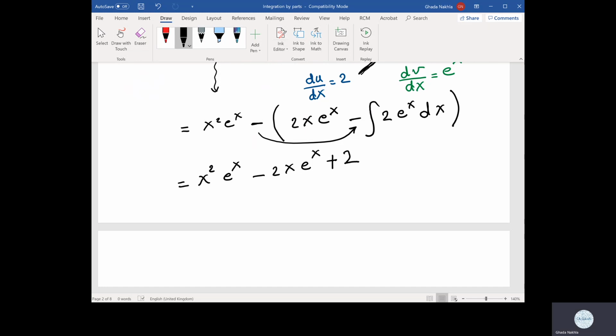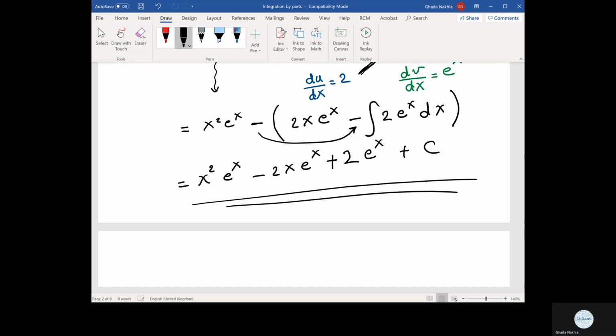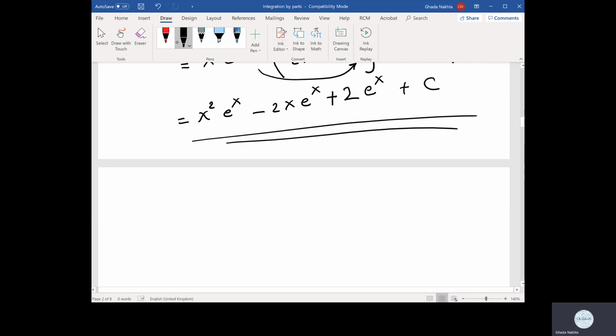When I integrate e to the x, I get e to the x plus c. So I'm going to have x squared e to the x minus 2x e to the x plus 2 e to the x plus c. And I can take e to the x common factor, but yeah, I'm just interested in applying it rather than simplifying things further.